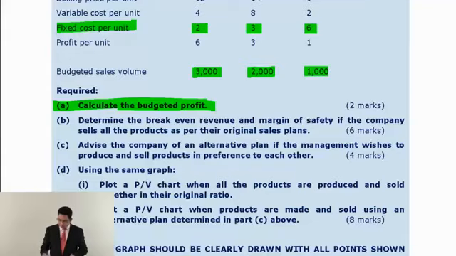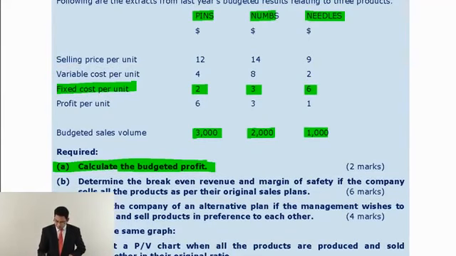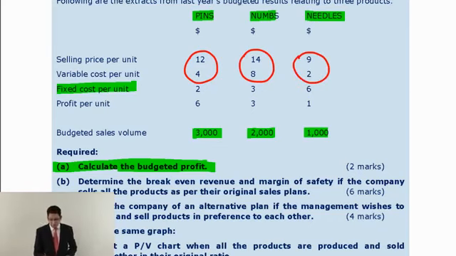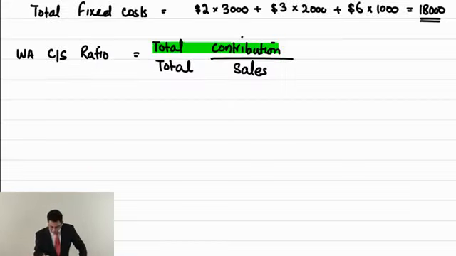If we go back into the data, remember contribution is sales minus variable cost. So 12 minus 4 is 8, 14 minus 8 is 6, and 9 minus 2 is 7. So 8, 6 and 7 contribution from each product.